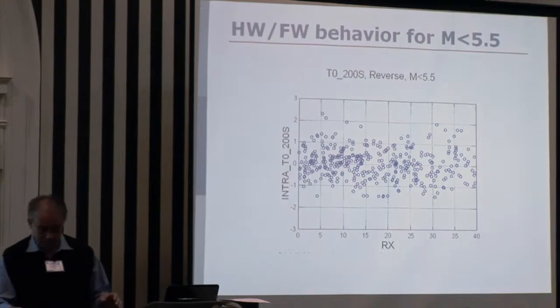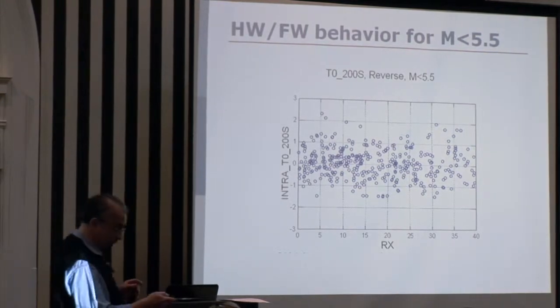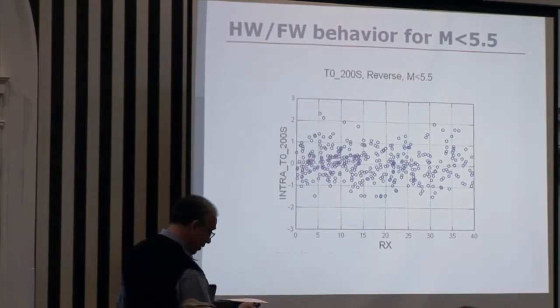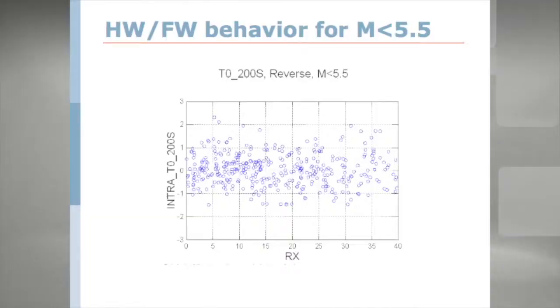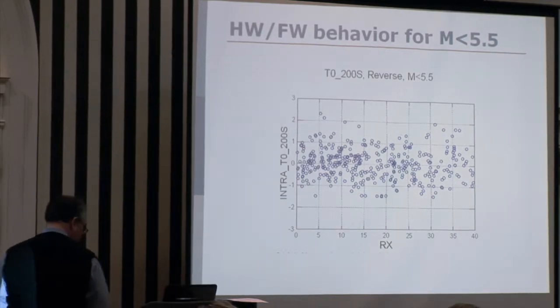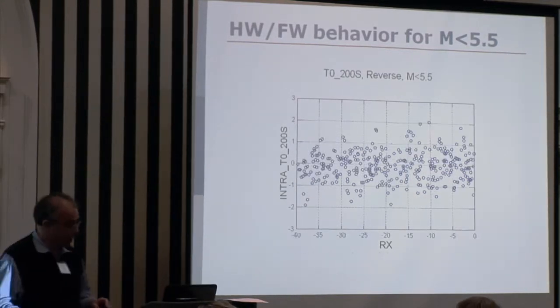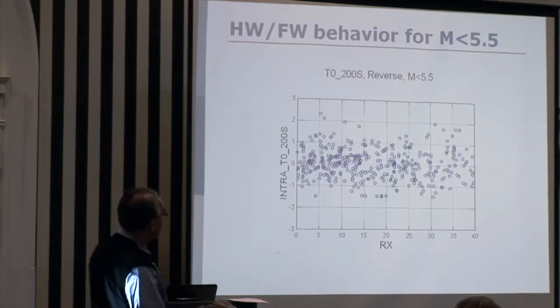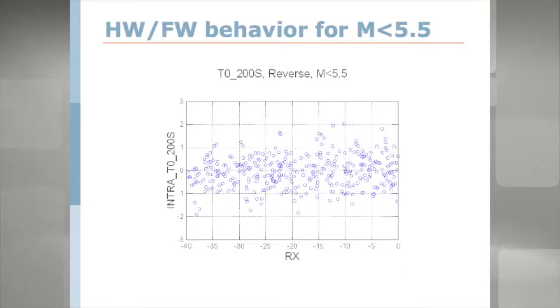Then, since Norm asked yesterday what's going on with 5.5 and less, last night I just extracted this from the residuals. This is a period of 0.2 seconds for reverse faulting, magnitude 5.5 versus Rx. This is for Rx positive, up to 40 kilometers. And then the next one is Rx negative, to 40 kilometers.